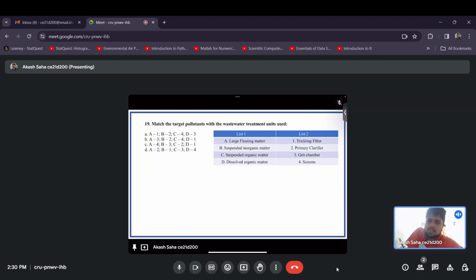Match the target pollutant with the wastewater treatment unit. We have large floating matter, suspended inorganic matter, suspended organic matter, and dissolved organic matter, and on the other side we have trickling filter, primary clarifier, grit chamber, and screens. So try to match the correct option with one another.